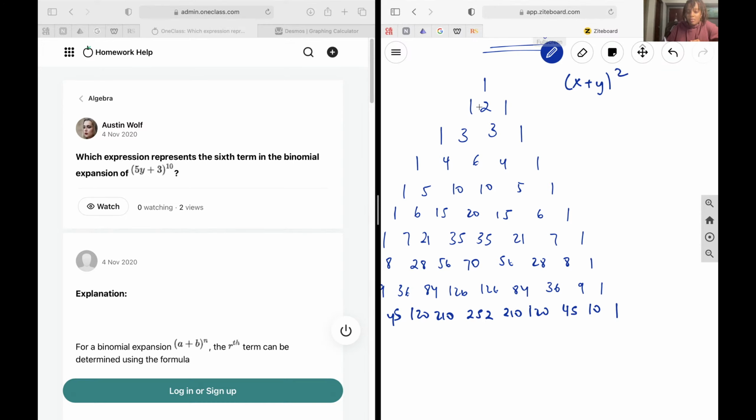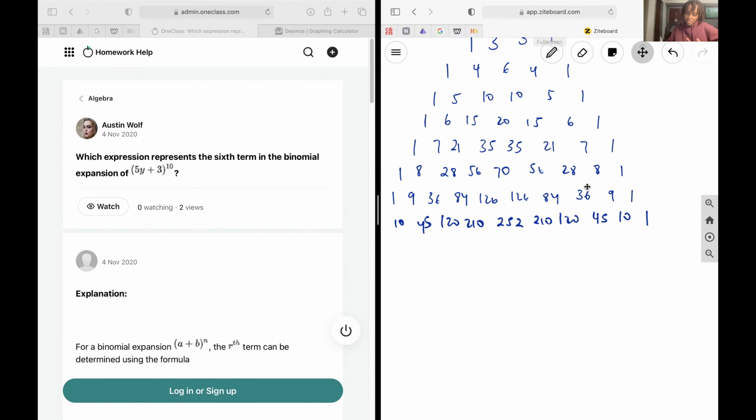And so for this first one, since I have 2, I'm going to use that. And so it'll become x squared plus 2xy plus y squared. And so 1, 2, 1. Now the pattern with the powers is similar to binomial theorem, where the x is decreasing by 1 and the y is increasing by 1. And so I had to go until 10 because my power here is to the power of 10.